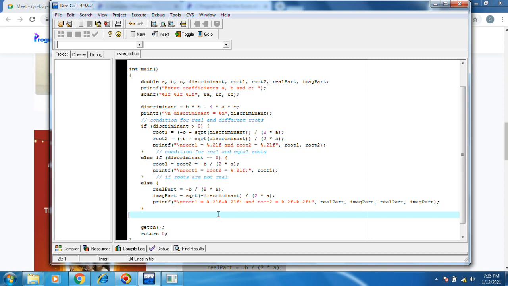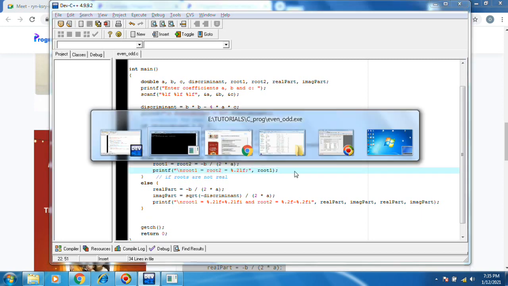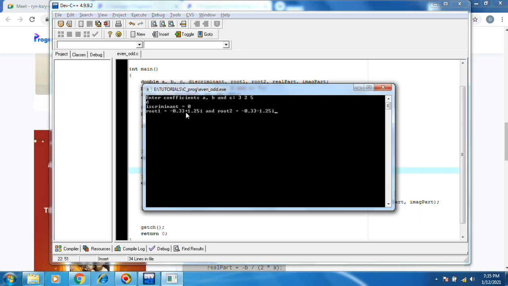If the discriminant value right now is 0, then it should print only this, correct? Root 1 equals to root 2 equals to this one only. Why is this coming? B square means 2 square, 4a.